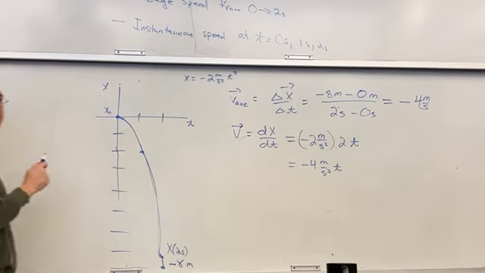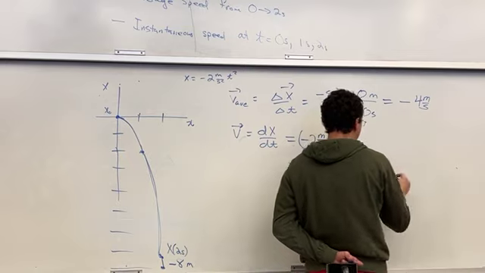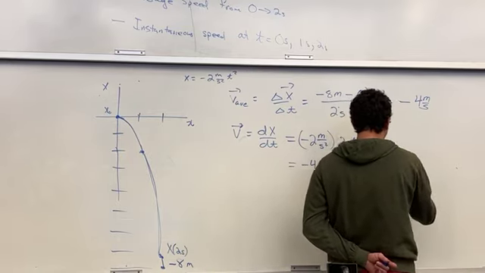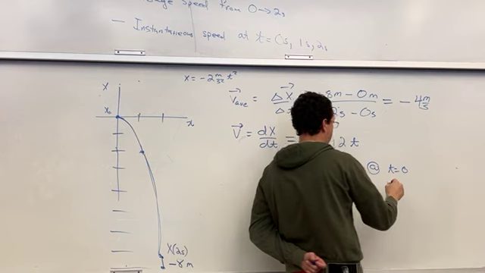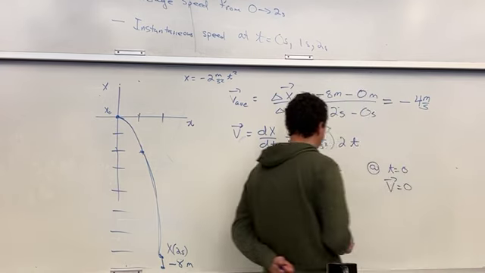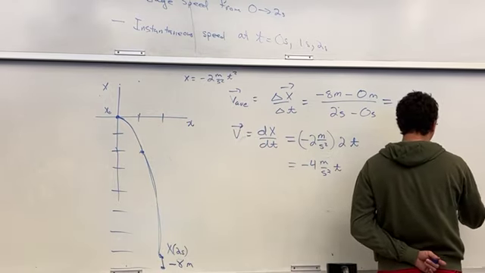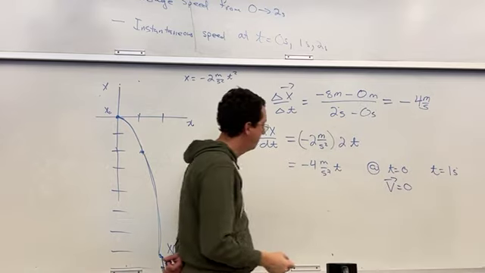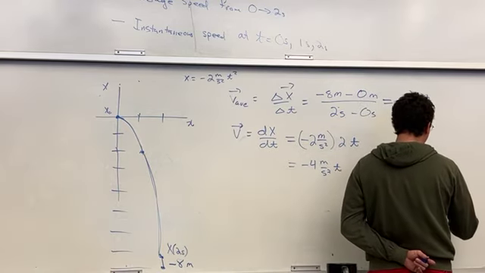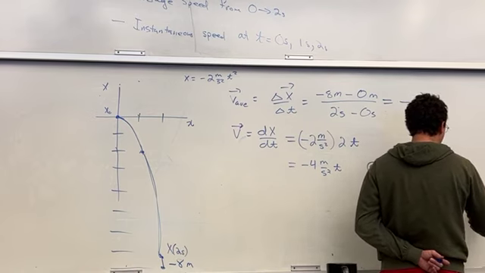How many people had that expression? Okay, good. And now I plug in values. So at t equals 0, I get that v equals 0. At t equals 1 second, I get v equals -4 meters per second squared times 1 second.